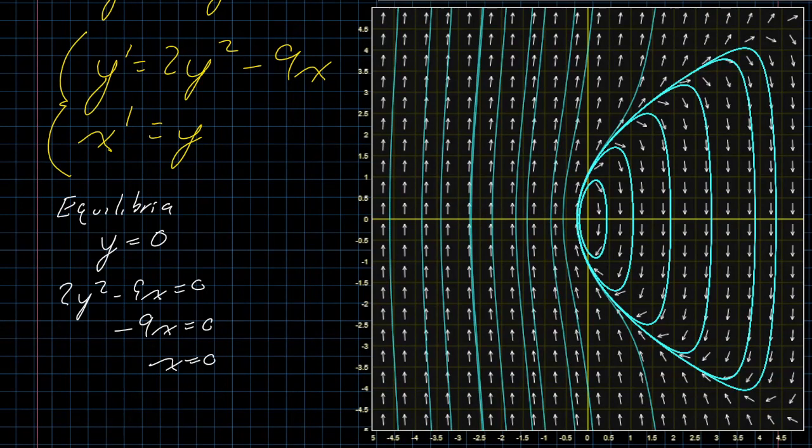The only equilibrium point on this system is the point 0, 0. And if we look at what is happening at 0, 0, we see, well, I guess it's a center, but it's kind of off center.